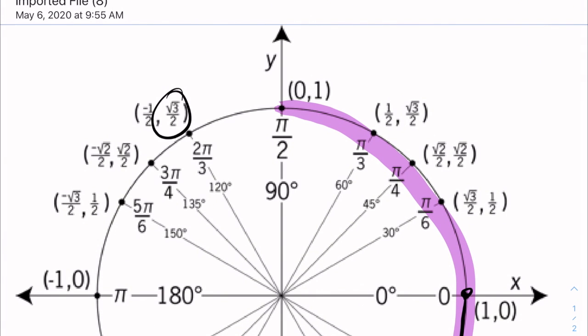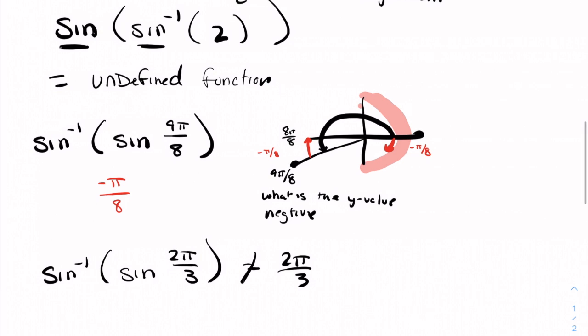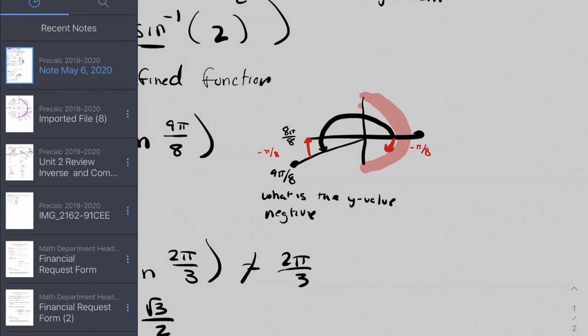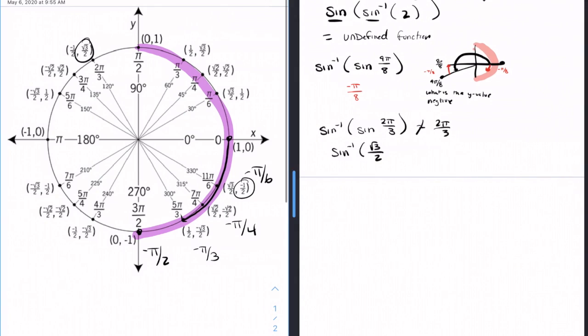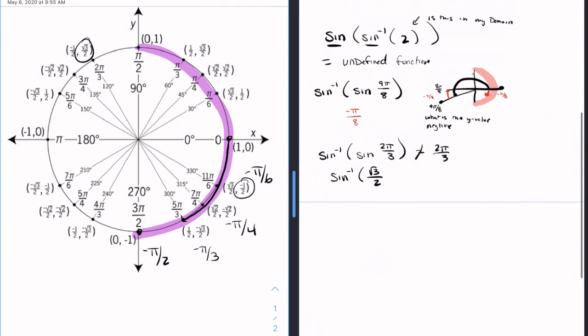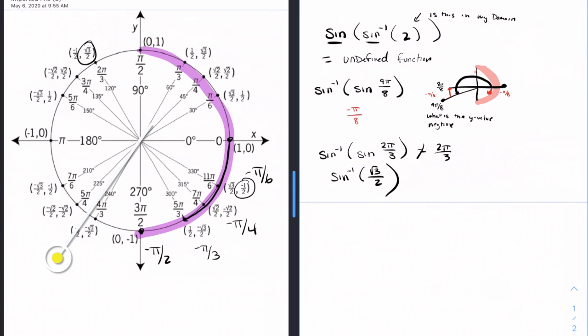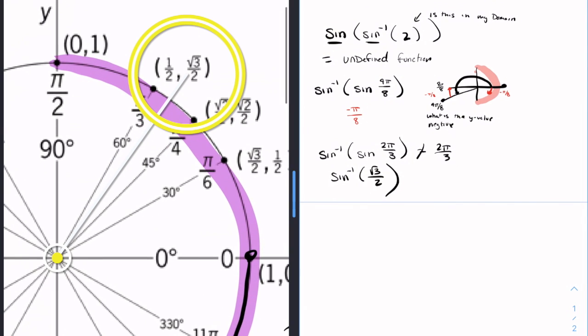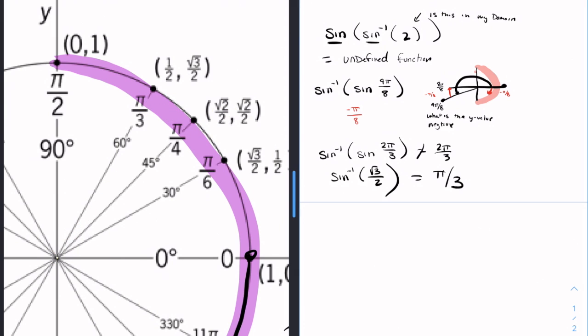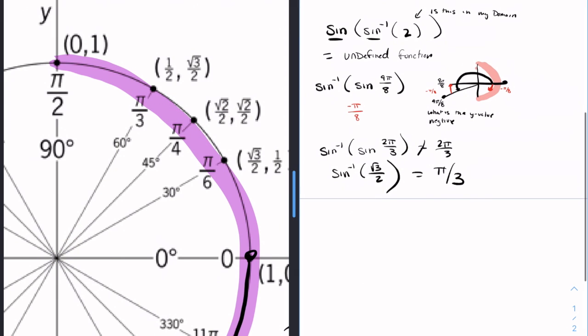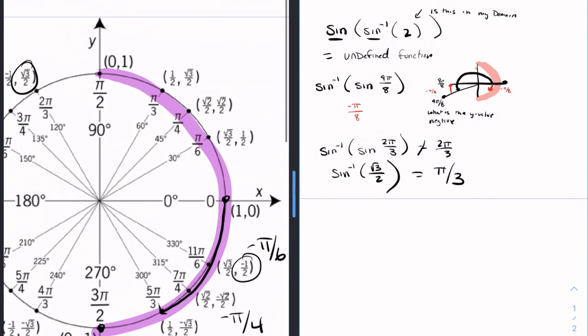So we see that the y value is root 3 over 2. So at what angle is sine root 3 over 2? Again, we pull back the unit circle and we say, okay, inverse sine, first quadrant, fourth quadrant. We know it's positive, so it's in the first quadrant. Where is the y value root 3 over 2? We see that's at pi over 3. So this is moving our angle into the output range that we would like to see.